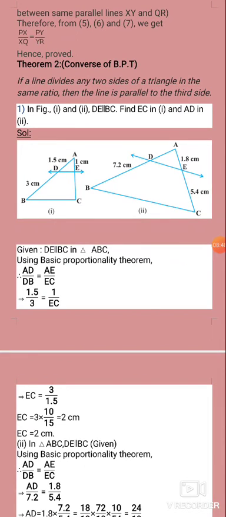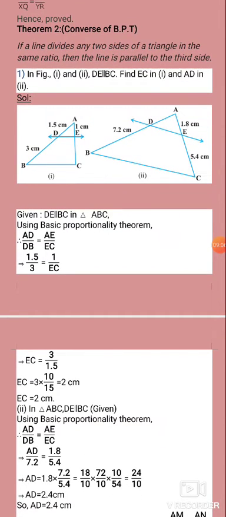In triangle ABC, DE is parallel to BC. Using the BPT, AD by DB is equal to AE by EC. So AD by 7.2 is equal to AE 1.8 by EC 5.4. So AD is equal to 1.8 into 7.2 by 5.4.